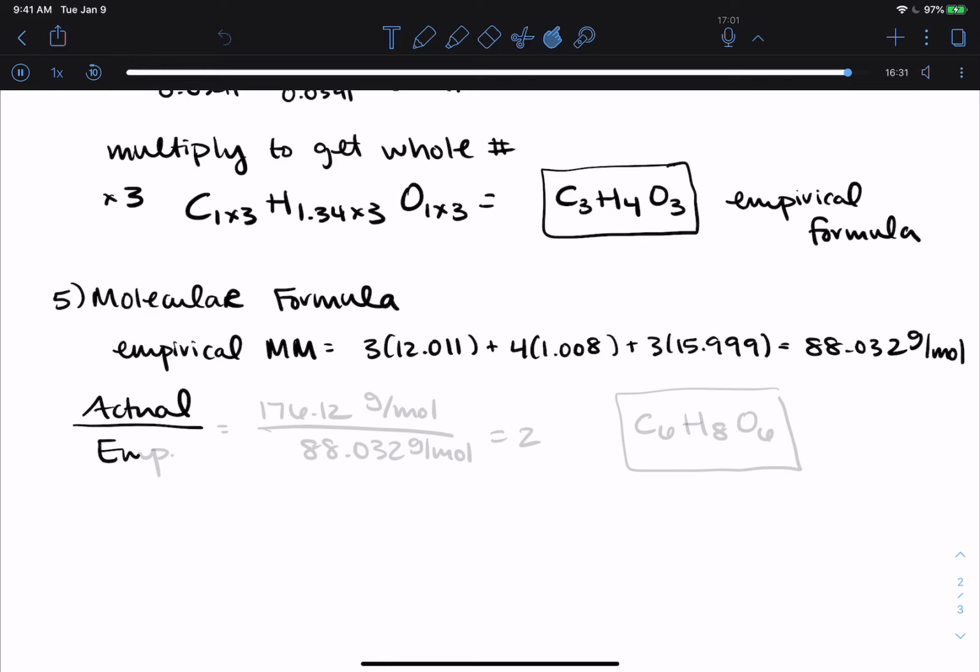And my actual divided by my empirical, 176.12 grams per mole, divided by 88.032 equals 2.